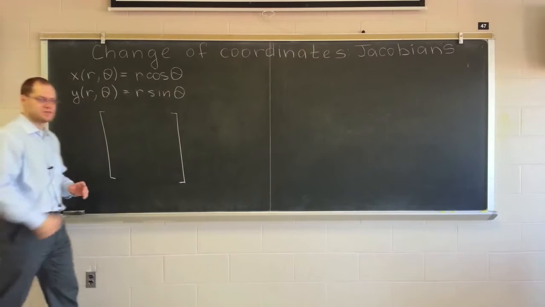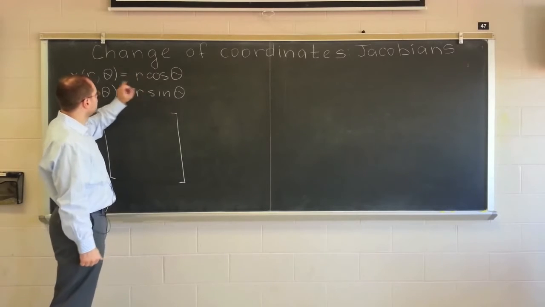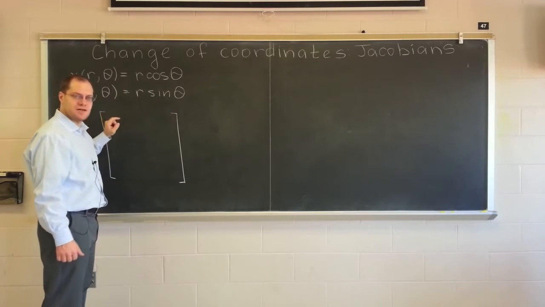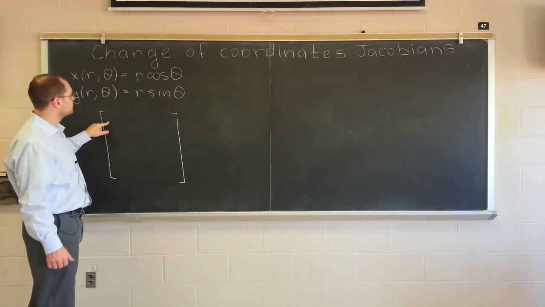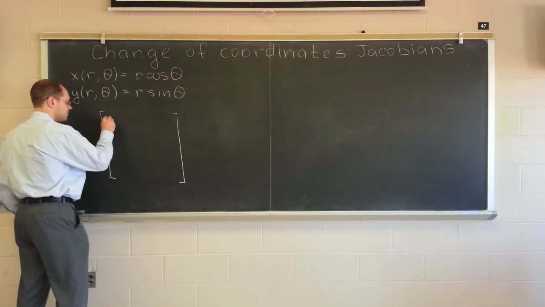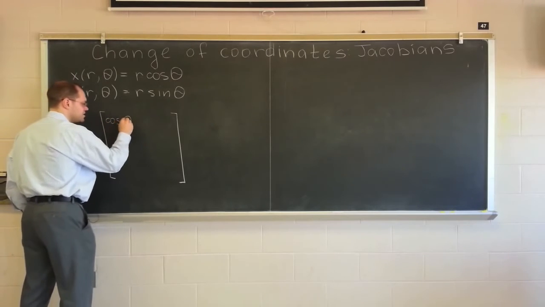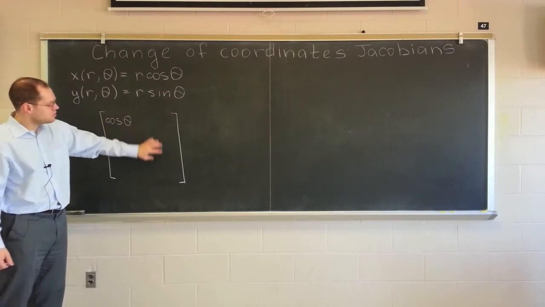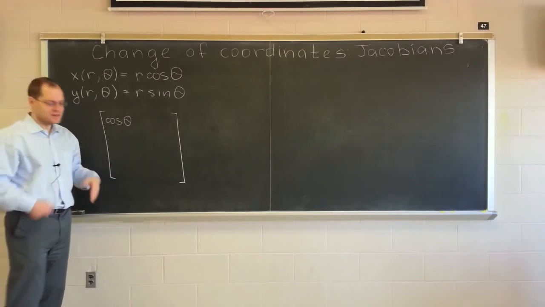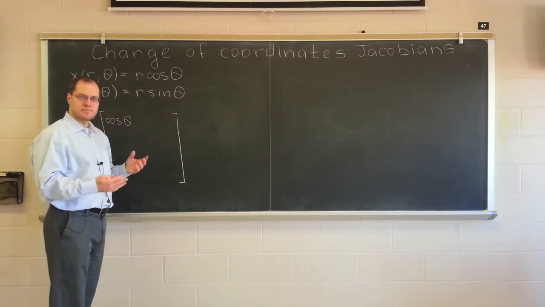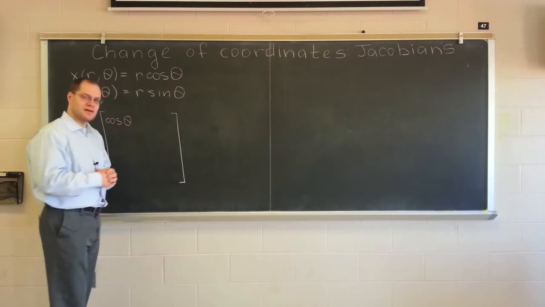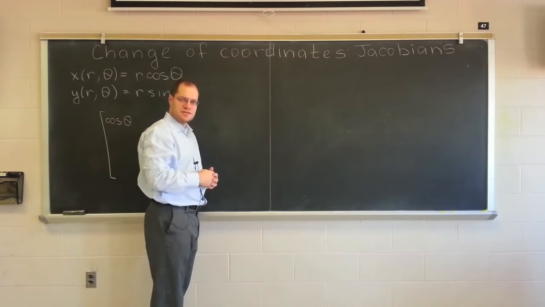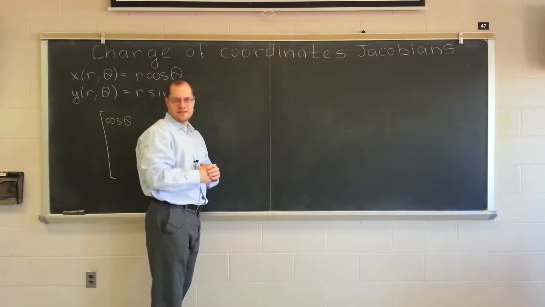All right, several things to pay attention to. All right, so let's put what these entries are. So it will be dx dr, which is cosine theta. So the first thing to realize is that the functions, the expressions that will go into this matrix will naturally appear in terms of r and theta. And when we deal with the opposite transformation, the matrix will consist of a bunch of x's and y's.